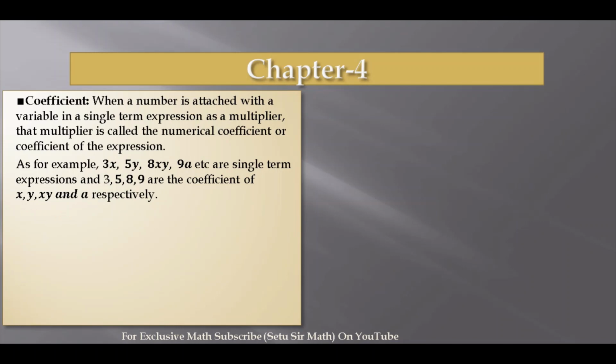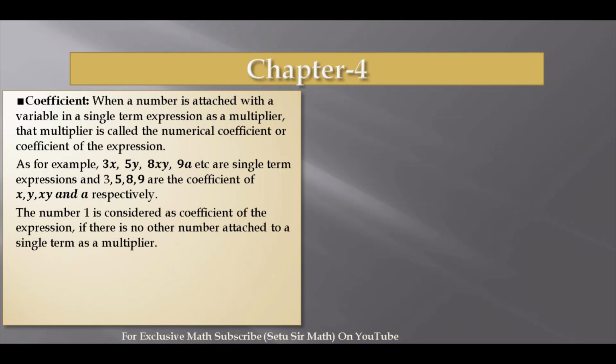That means any number with the alphabetical sign or with the variable x, y, a, that number we will call the coefficient.